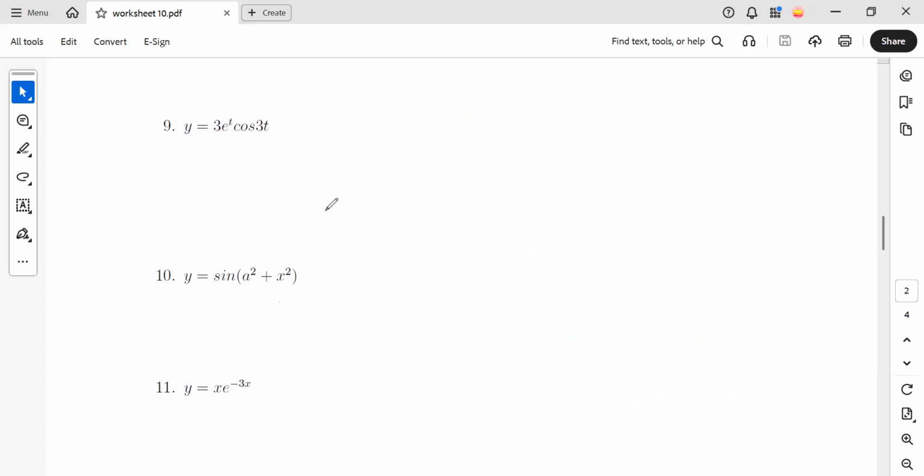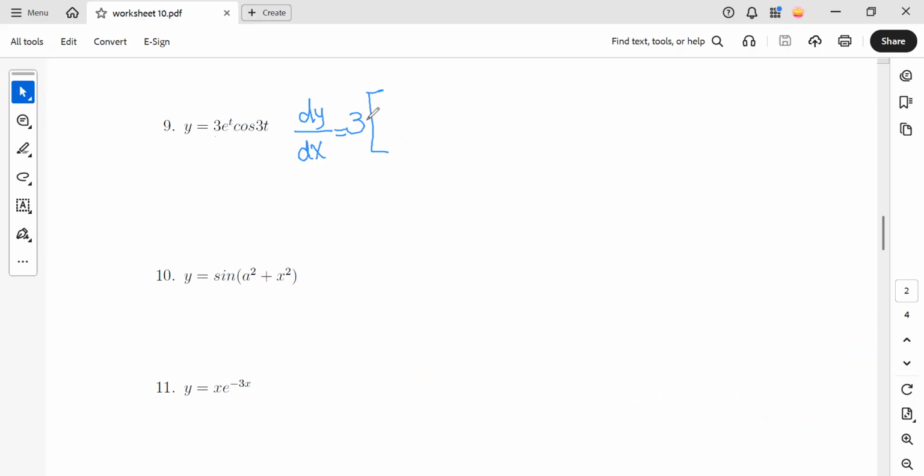Number 9, we have 3e to the t. So we have a part here and we have another part here. Both parts have a variable. So we have to do the product rule. dy dx. You can keep 3 out of it, or you can have that with the first part. Either is fine.